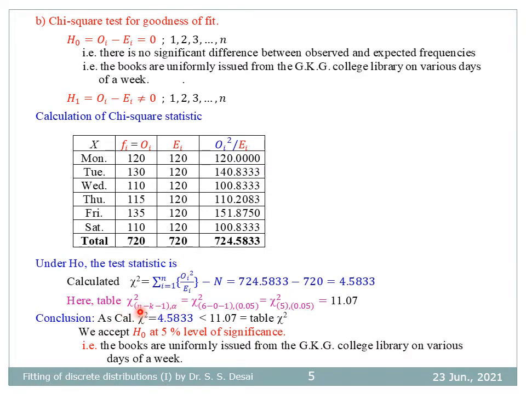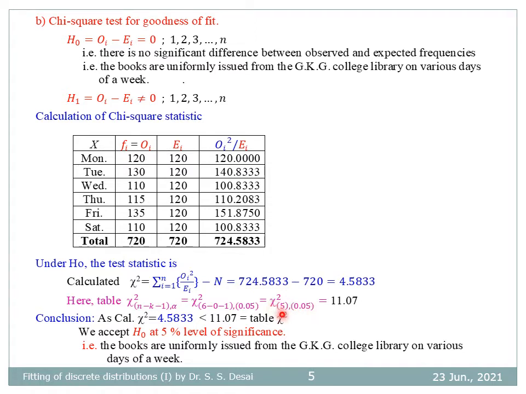And the table value of chi-square with n minus k minus 1 at alpha: n is the number of frequencies after pooling, k is the number of parameters estimated, minus 1. Here there are 6 frequencies and we have not estimated any parameter. So 6 minus 0 minus 1 is 5, chi-square 5, and 0.05 is the level of significance.